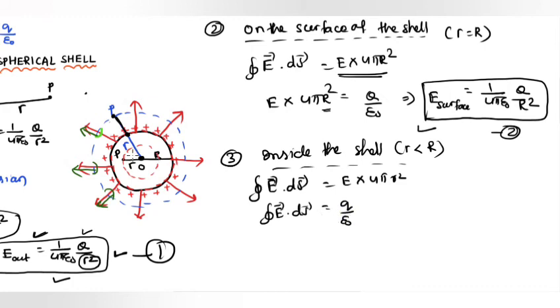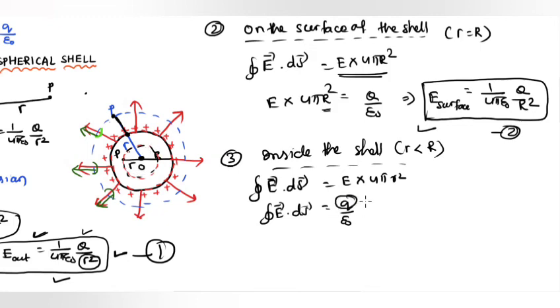But look at the diagram here. This Gaussian sphere does not enclose any charge, because charge is located on the surface of the cell. Inside the cell there is no charge, and we can say that inside the Gaussian surface there is no charge because the Gaussian surface is inside the cell.